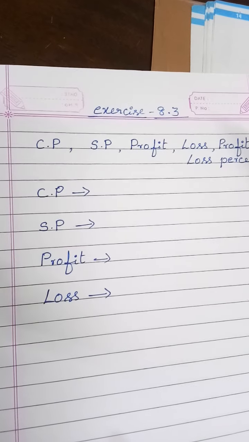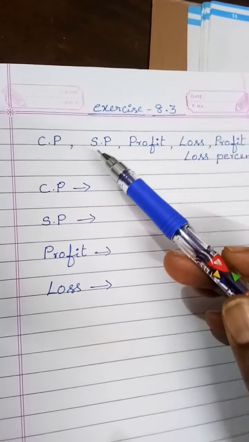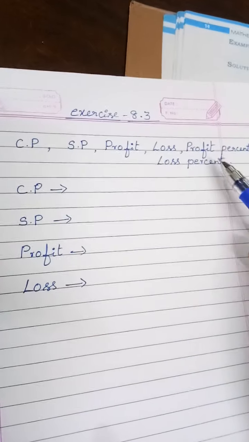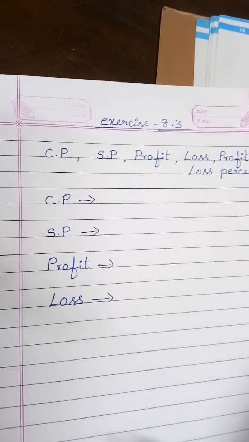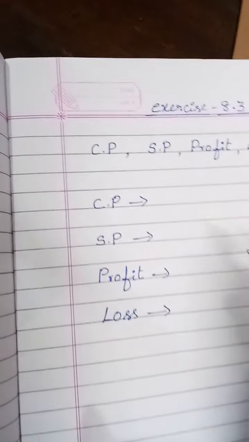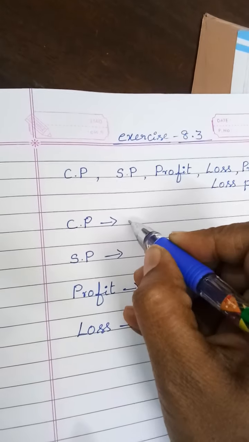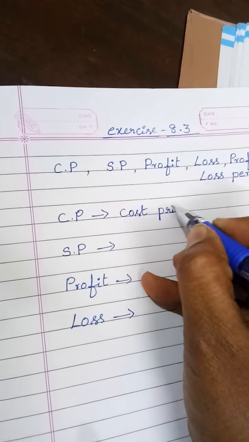Exercise 8.3, and our topics are CP, SP, profit, loss, profit percent, loss percent. So what is CP here? Any idea? CP means cost price. What is cost price?